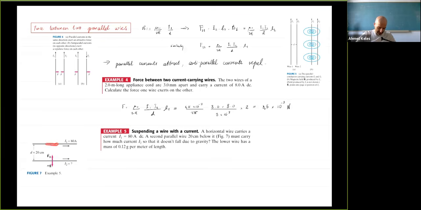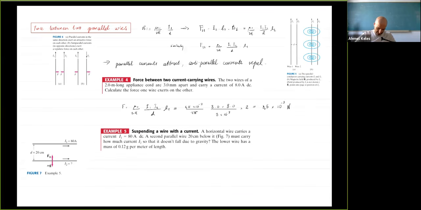We said if the wires are carrying currents in the same direction, it's going to be attractive, so the magnetic force is going to be in that direction. And this wire is hanging down, so there's gravity on the wire. They have to balance each other.